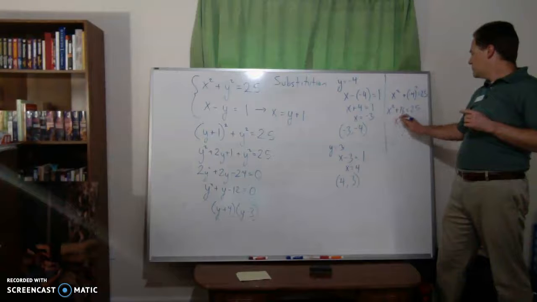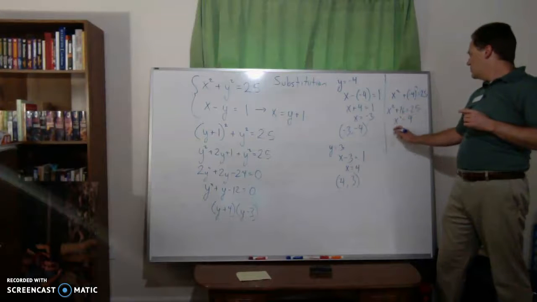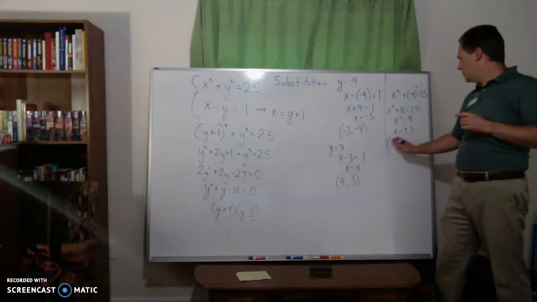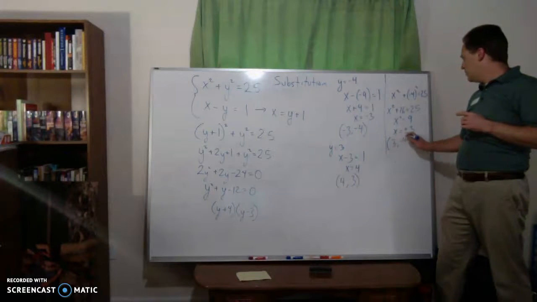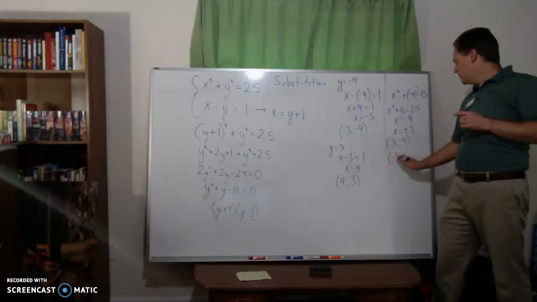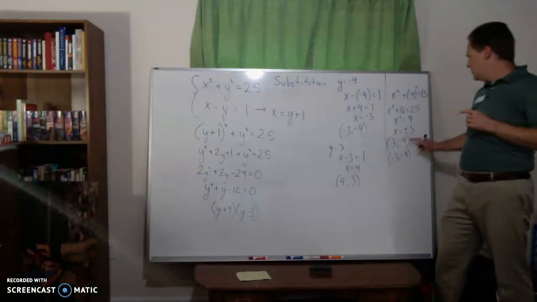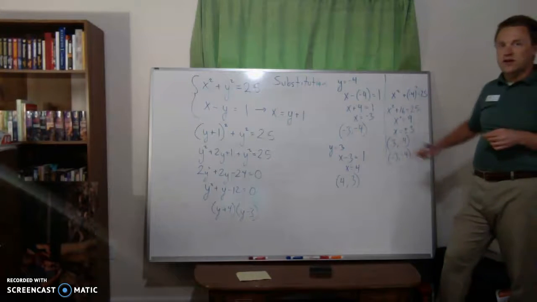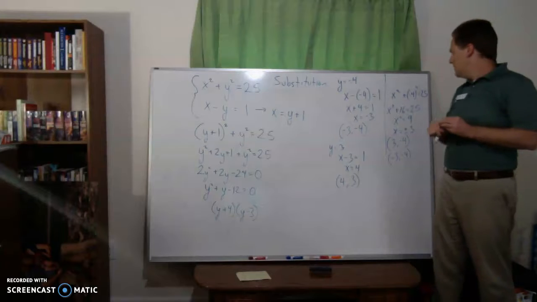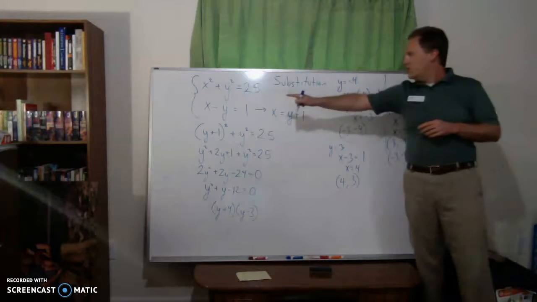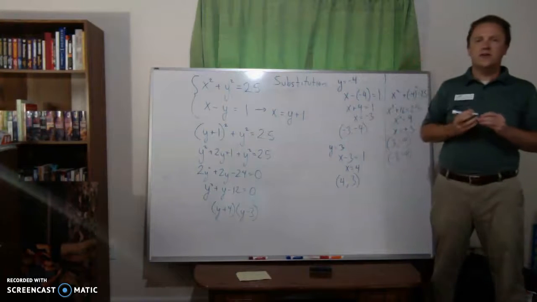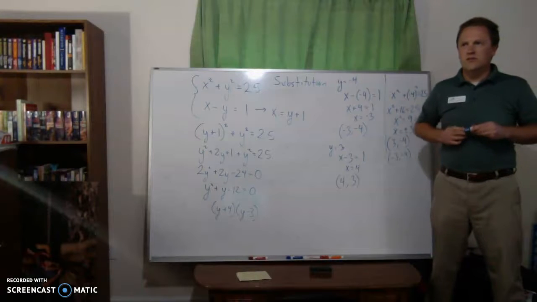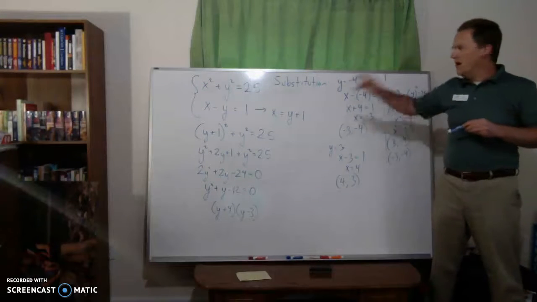Subtract 16, x squared equals 9, which means x is plus or minus 3, which should give me the ordered pairs 3, negative 4, and negative 3, negative 4. So why is that one not good? Let's try plugging it into the line. 3 in for x, negative 4 for y. So 3 minus a negative 4, that's plus 4. That's 3 plus 4, which is not 1.